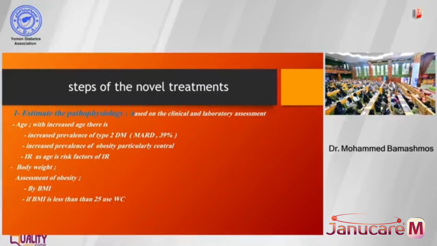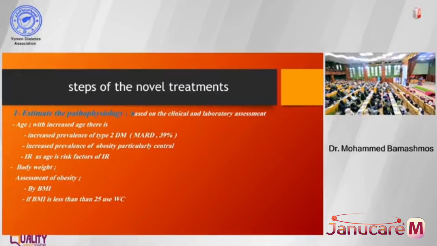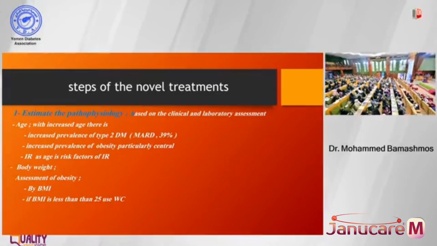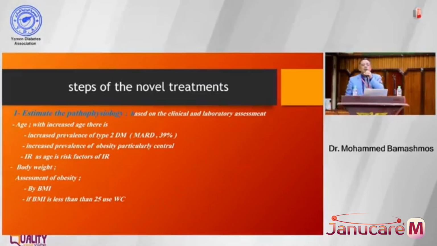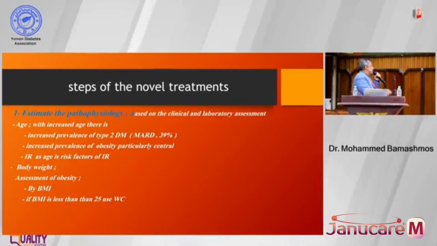The second thing is the assessment of the body weight by body mass index, but if the body mass index is less than 25 kilogram per meter square, the assessment is made by measuring the waist circumference.